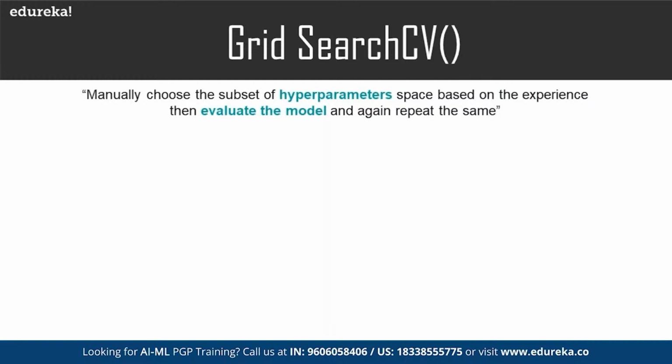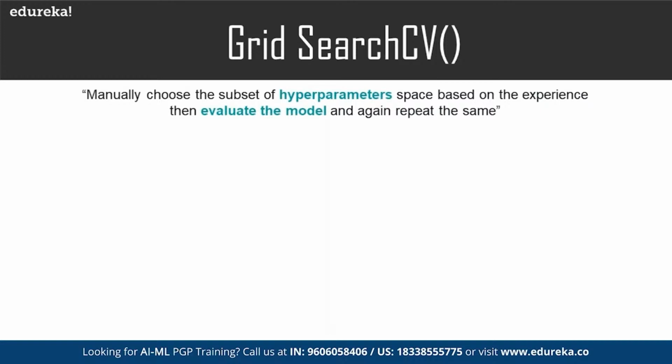We move grid-wise here, instead of manually picking the hyperparameters based on our experience with the model results. It is again manually chosen, but instead of choosing one hyperparameter or another one, we choose a subset of hyperparameters.